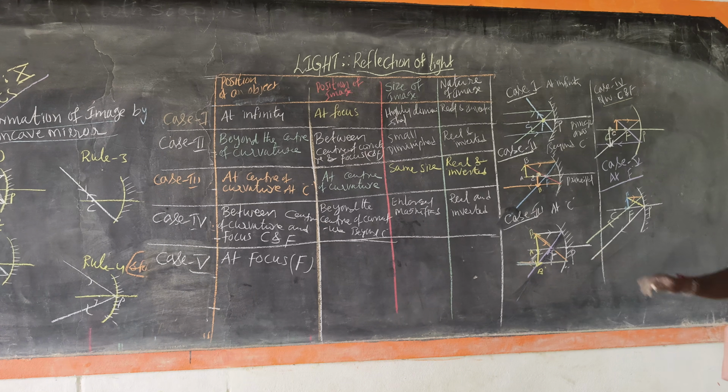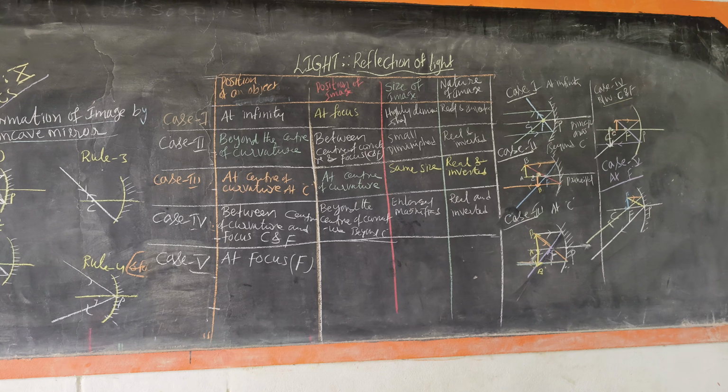So where is the image obtained? Even if we extend these rays backward, they won't meet. So the image is formed at infinity.